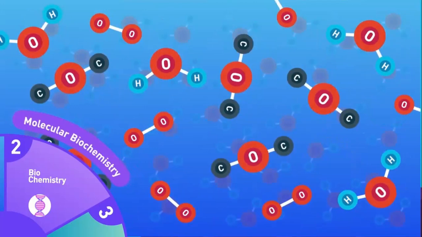The other branch of your biochemistry is molecular biochemistry. Molecular biochemistry is the study of the different types of molecules and biomolecules which are essential for the existence of humans, right?